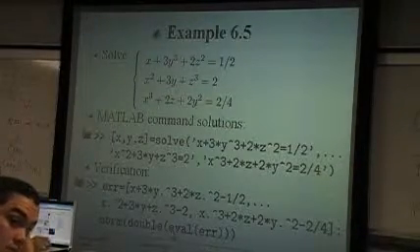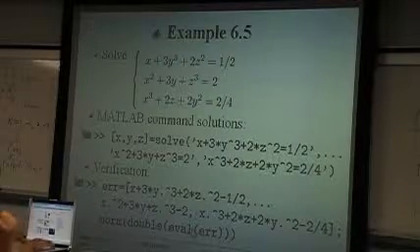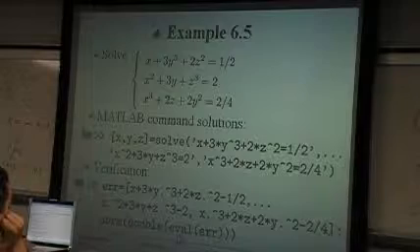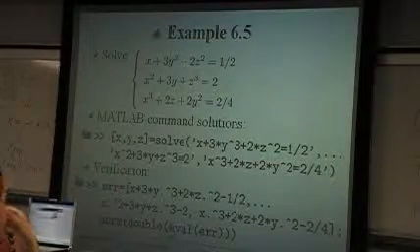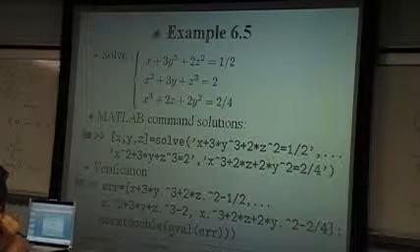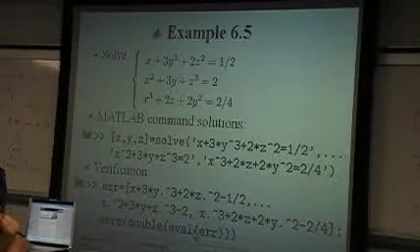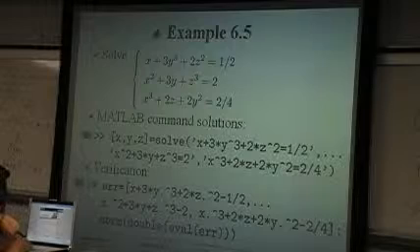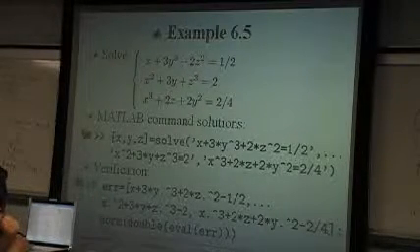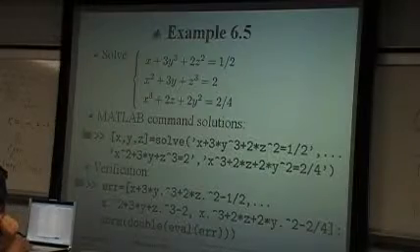In fact, we do not have to use the eval function. We can just use double. I don't think we have to use the eval command, because it is already a symbolic expression, so we can use double. That should be okay. And then we can find the error in the solutions.